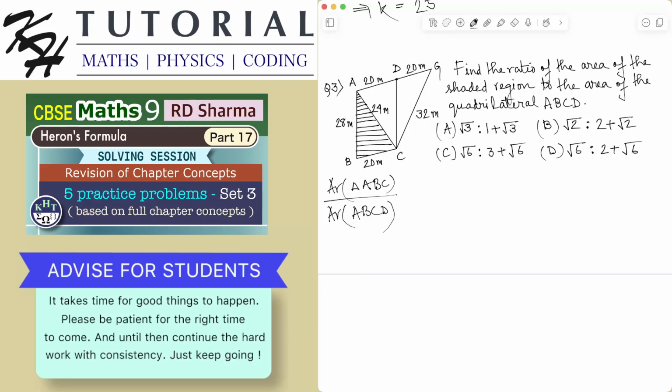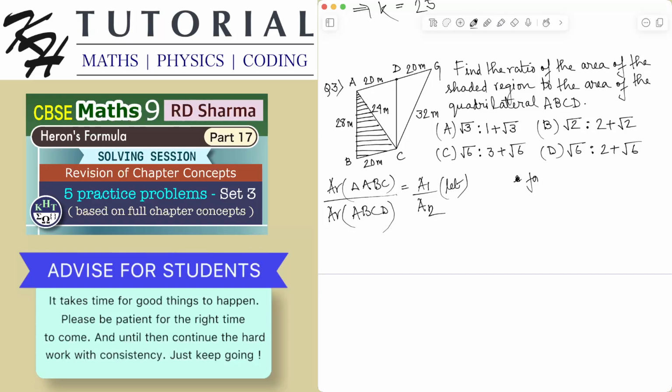So we know the length of all the sides of the triangle ABC. I am considering A1 to be the area of the triangle ABC, and A2 to be the area of the quadrilateral ABCD. So what is A1? To find the area of the triangle ABC, first using Heron's formula, we will find the semi-perimeter.